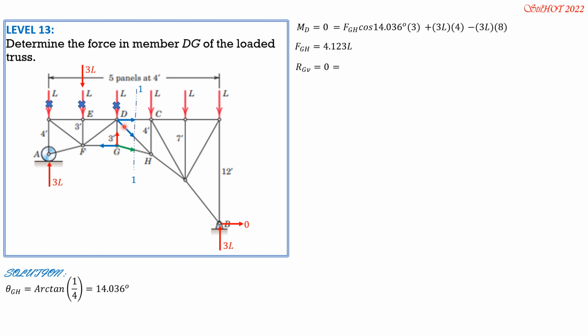Then it is equal to FDG upward, then minus the downward component of FGH. So minus 4.123L sine of theta GH 14.036 degrees. So FDG is equal to L, tension.